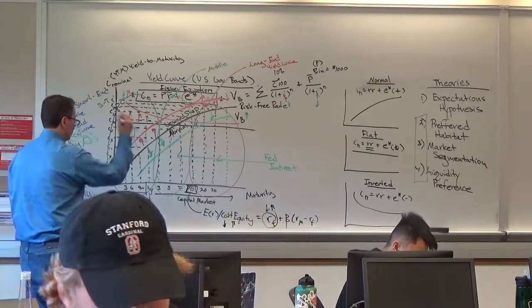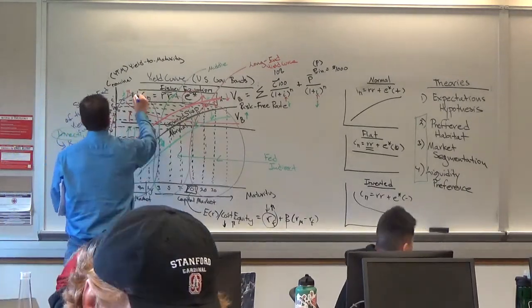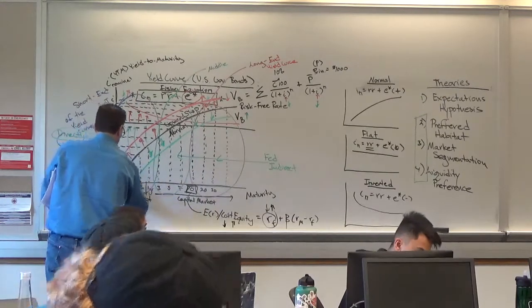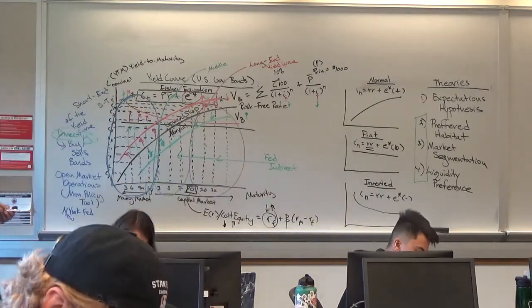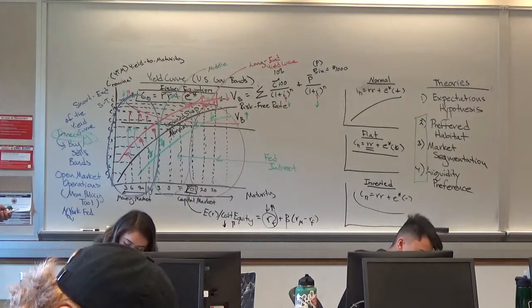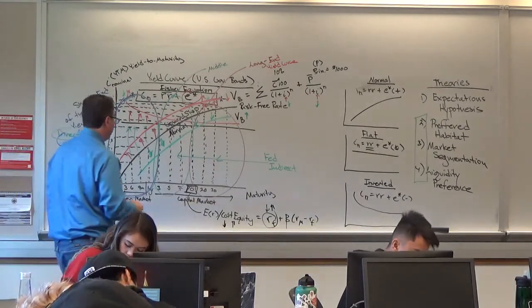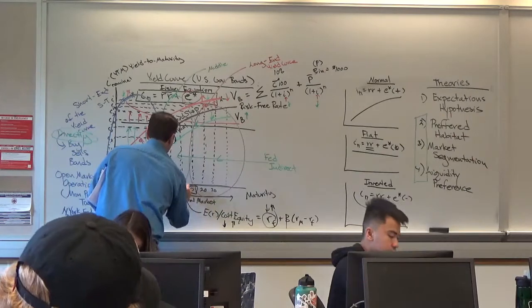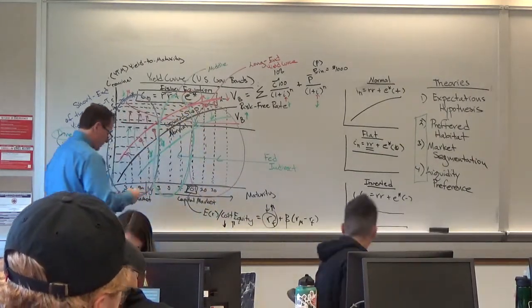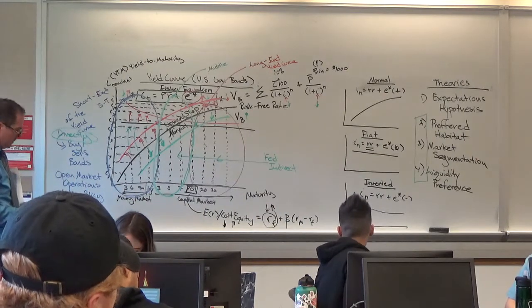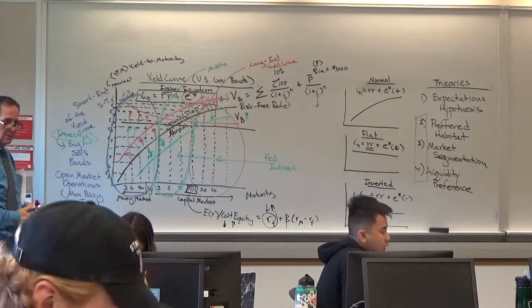And it basically says that the market is segmented or stratified between short-term maturity bonds, medium maturity bonds, and long-term maturity bonds. So the market is segmented.